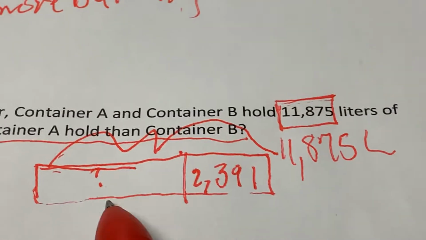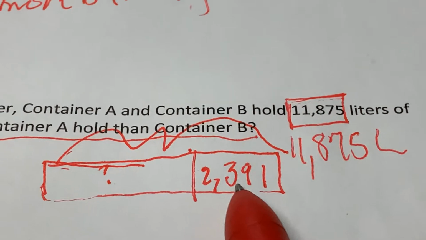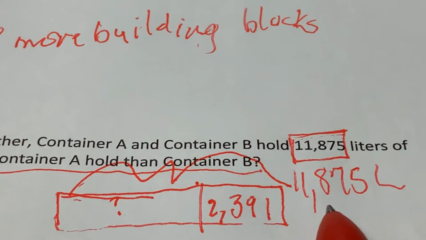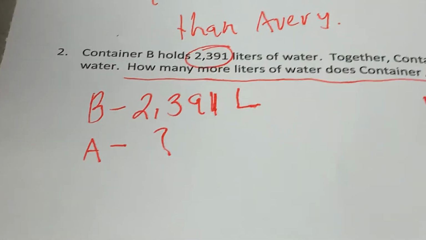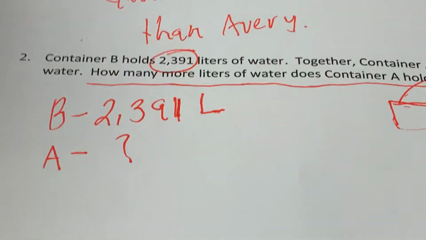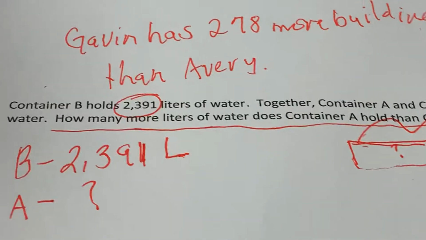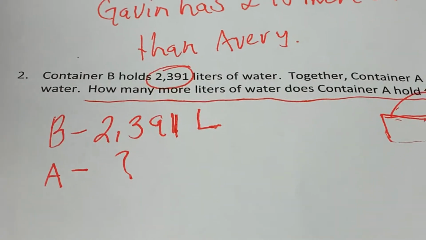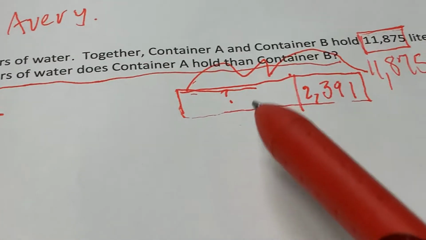So whatever this is, plus the 2,391, together when you add them up, they should equal 11,875. Guys, sometimes with word problems, they will give you information to help you arrive at another answer. So you have to look and see what your problem is telling you in order to solve it. So I don't know what A is. So I've got to figure out what this A is.